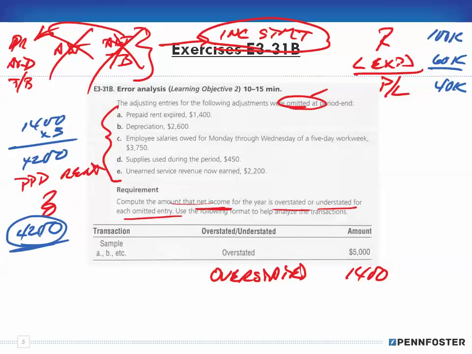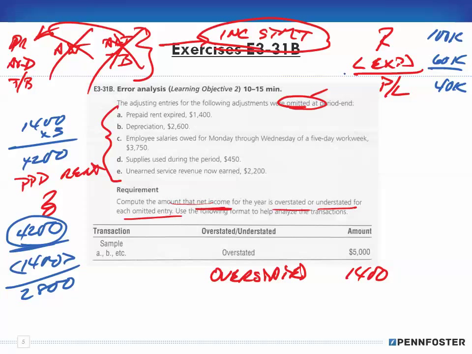Now, if I didn't make the entry, I'd have expenses of 60,000. But if I do make the entry, that means my prepaid rent would be $1,400 less, which means it would be $2,800, and my expenses would have increased because why? I credit my prepaid rent, and I'm debiting rent expense.